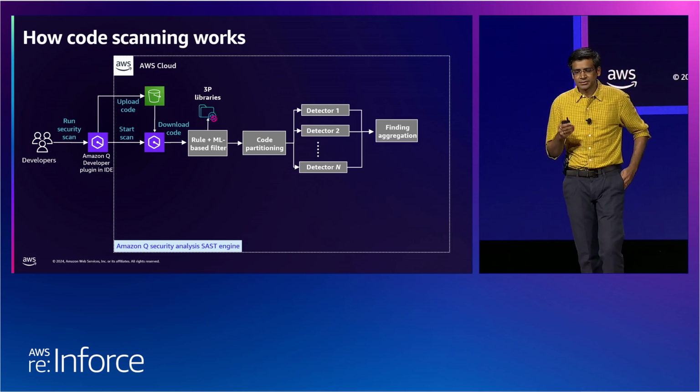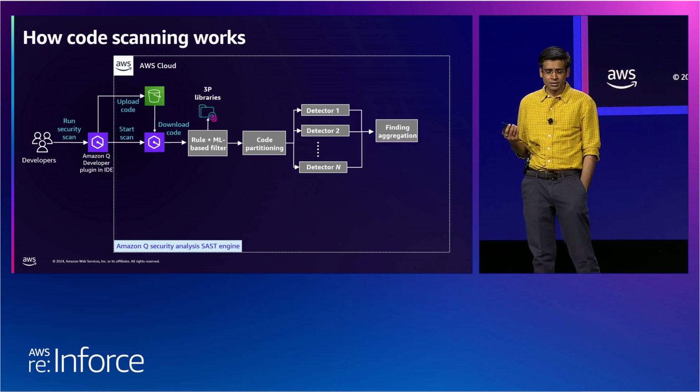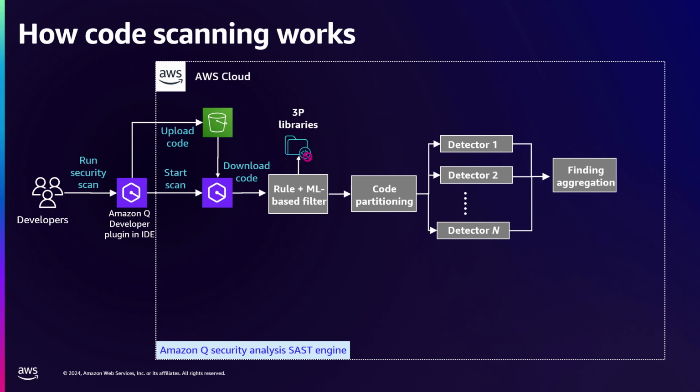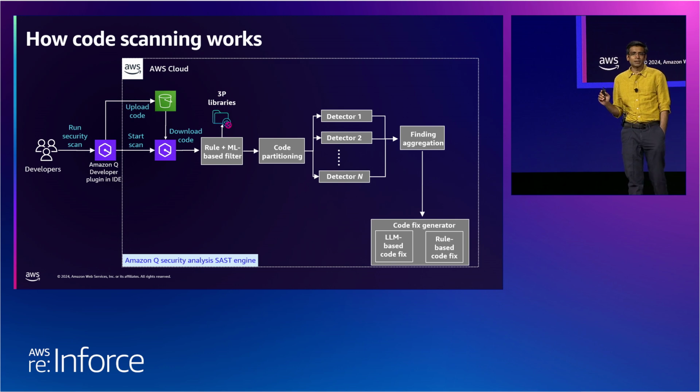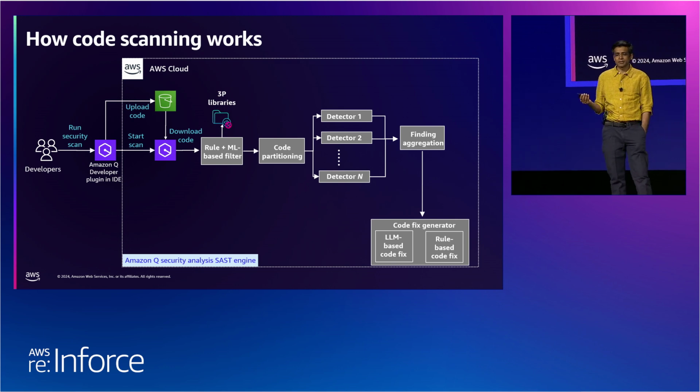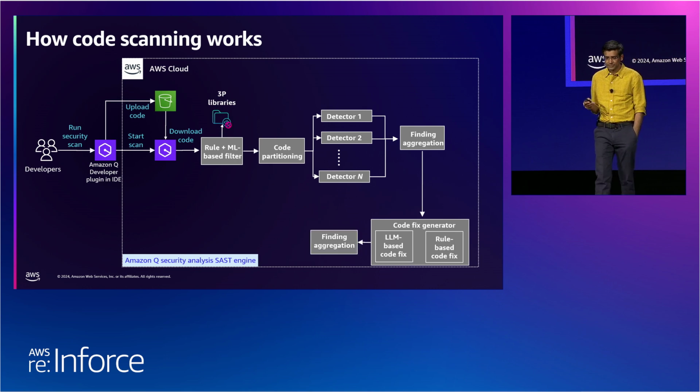Each of these detectors generates findings if your code is insecure, and these findings are aggregated and forwarded to the code fix generator. Again, the code fix generator is a component that we will peek into in the latter part of my slides. But at a high level, it takes all the findings generated by the detectors and generates the fixes for those findings.